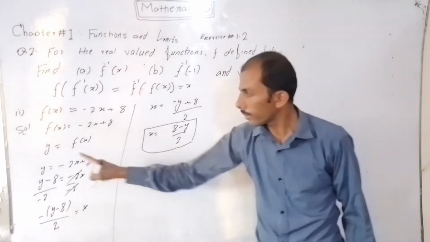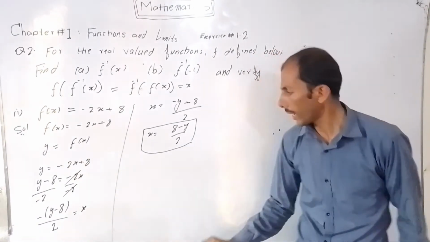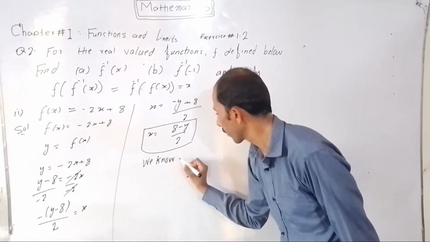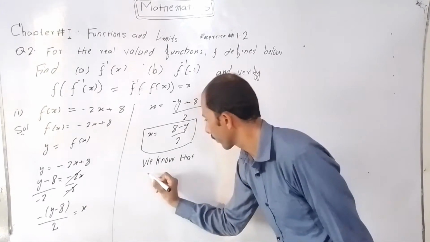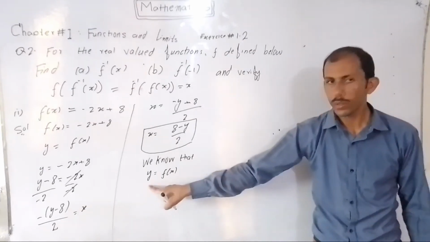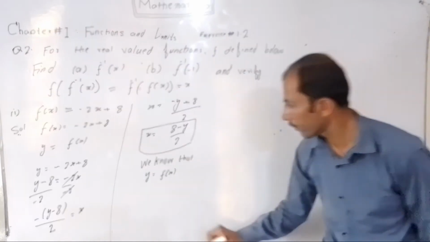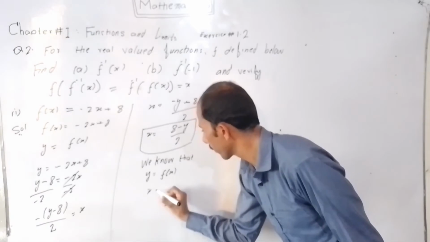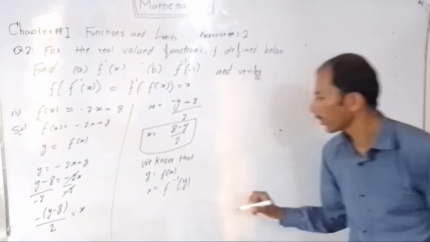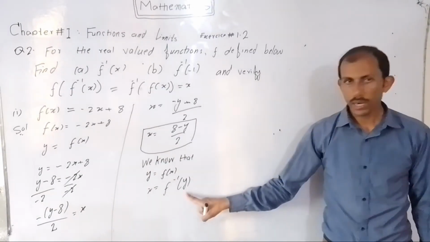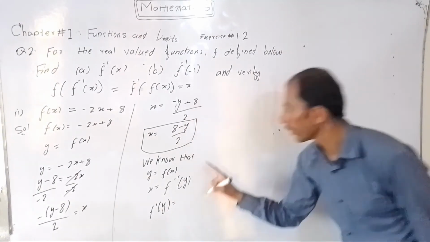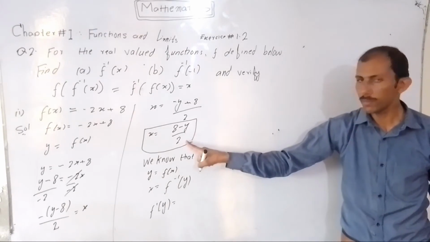As we know that y is equal to f of x, x is equal to f inverse of y. So f inverse of y is equal to 8 minus y divided by 2.